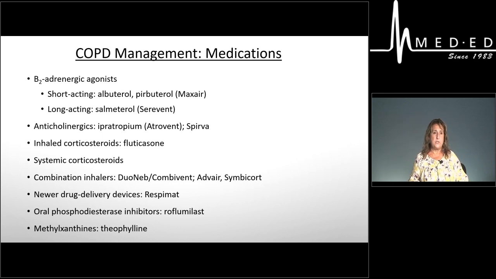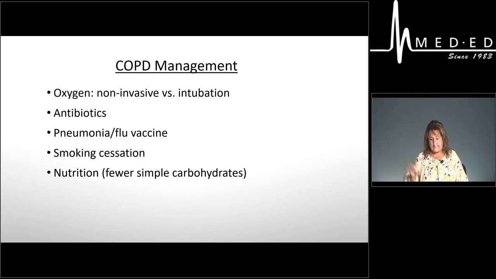You've got newer drug delivery devices like Respimat, that's more like a fine mist inhaler that can get deeper down into the alveoli. And then you also have phosphodiesterase inhibitors, and then an old drug that we've used forever and really isn't the best drug anymore to use, your methylxanthines like theophylline or aminophylline. So in the next few slides, I'm going to talk more in detail about some of those medications.